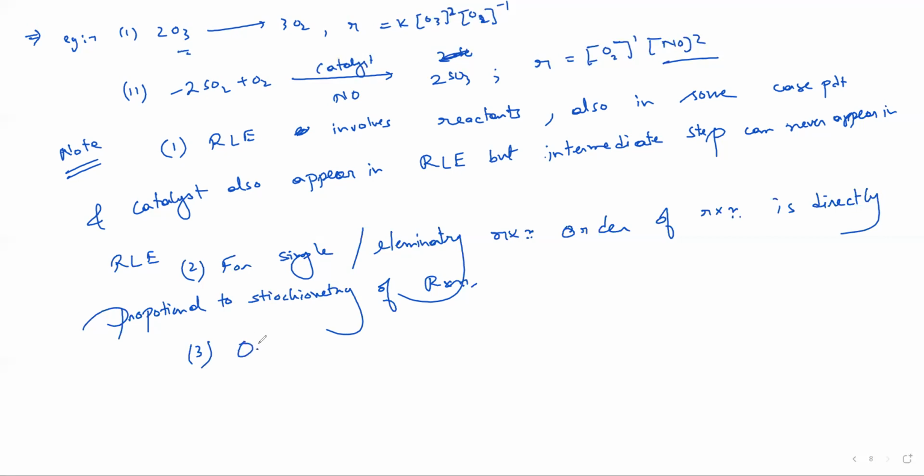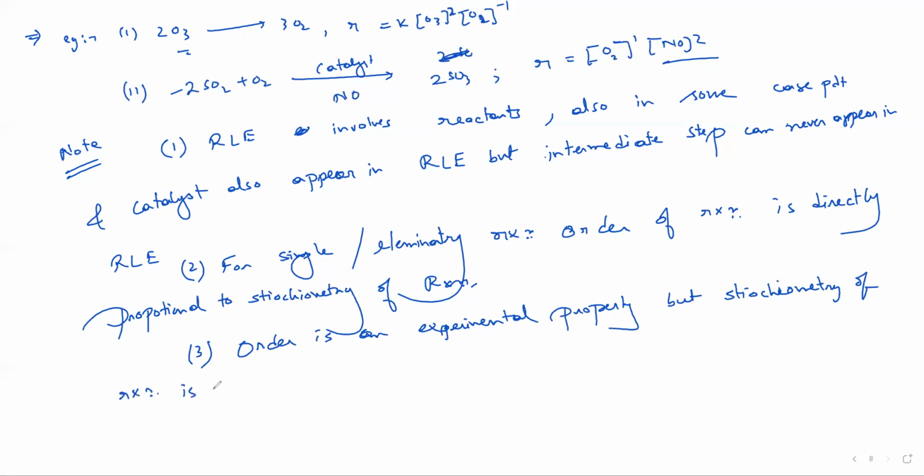Just write down, order is an experimental property. But stoichiometry of reaction is in the hands of ours. That means stoichiometry can be changed.